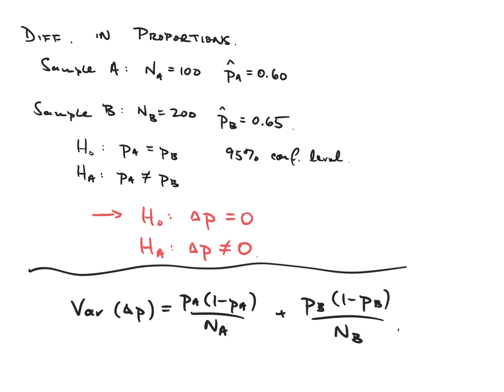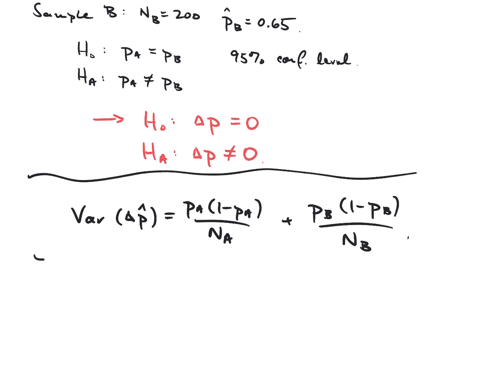So it is kind of like the formula for the variance in p hat, except it shows up twice. Once for group A, another time for group B.